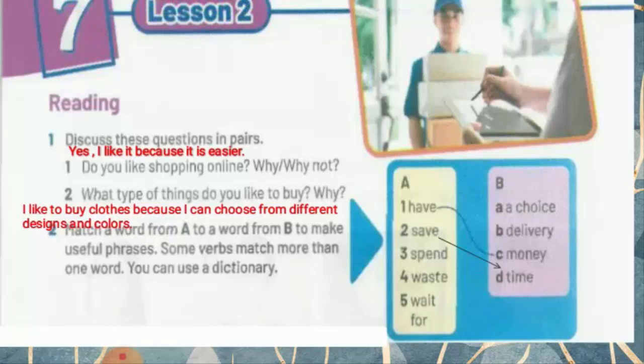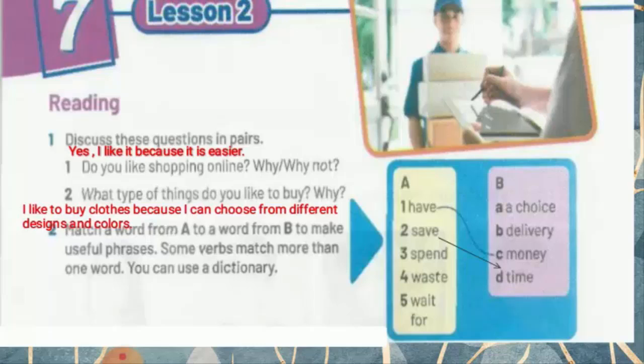Okay, now let's match a word from A to a word from B to make useful phrases. Some verbs match more than one word. You can use a dictionary. Number 1, have money. Have money, يمتلك المال. Save what?